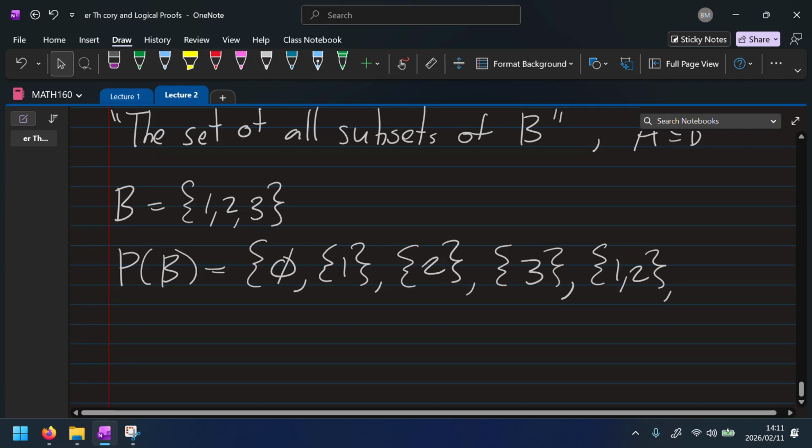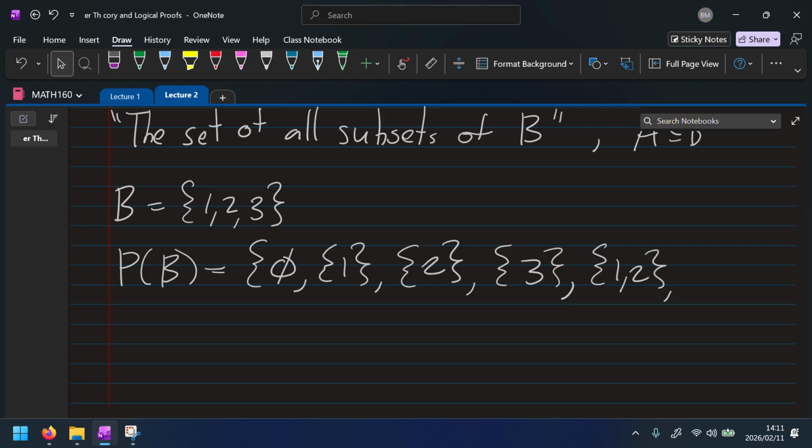You're going to pick some. We need another 2 element subset. {1, 3}. Yep. There's one more. {2, 3}. Any others? No, that's it. That's all of the 2 element sets.